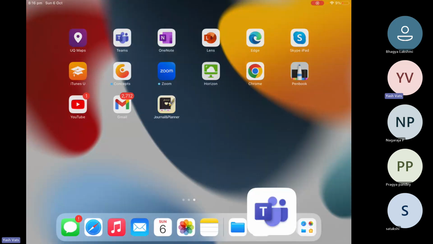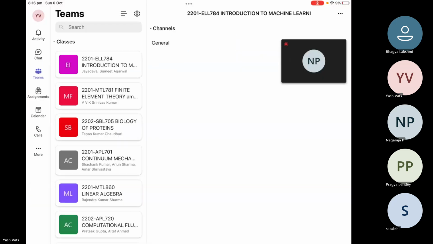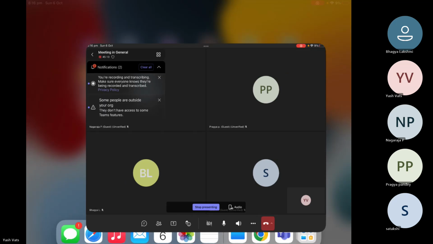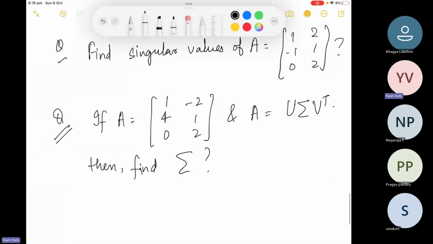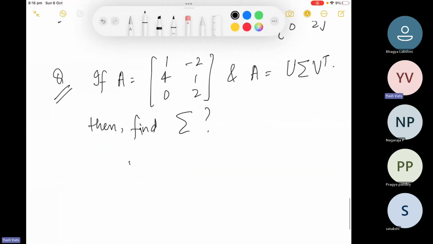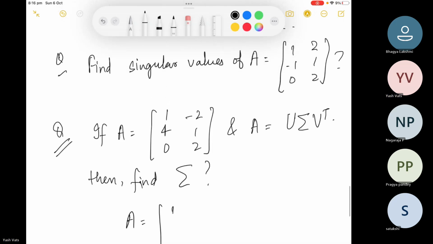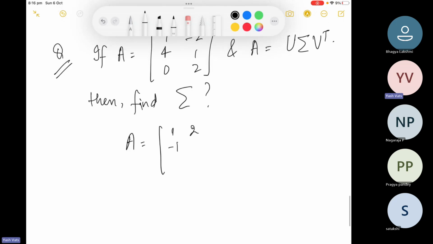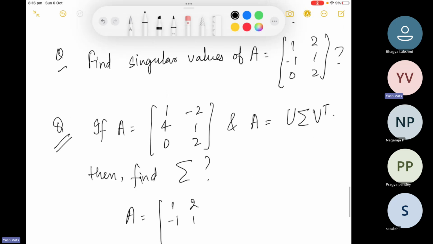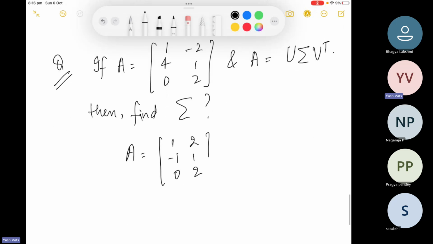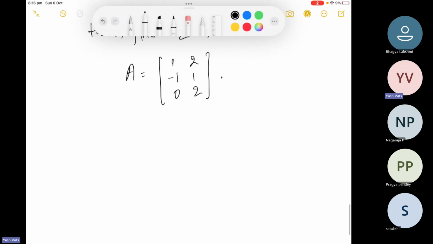Yes, so what are the singular values of A? A is given to you as 1, 2, -1, 1, 0, 2. Then what is A transpose? That is 1, 2, -1, 1, 0, 2.